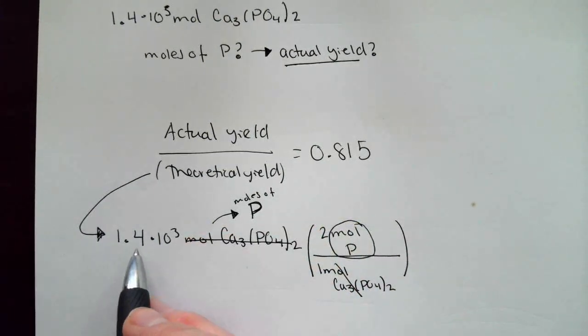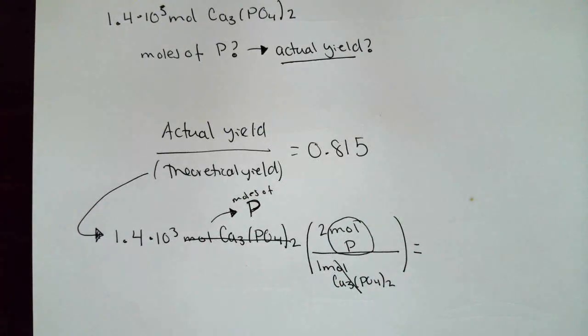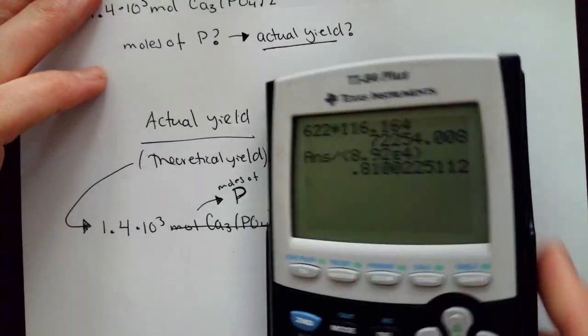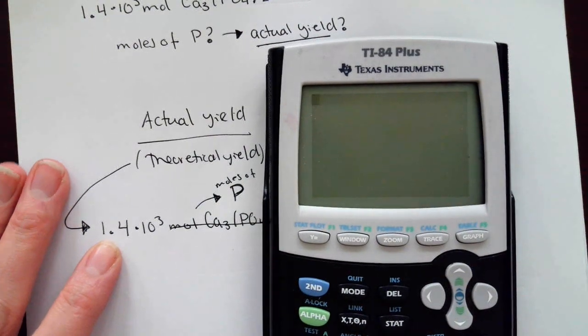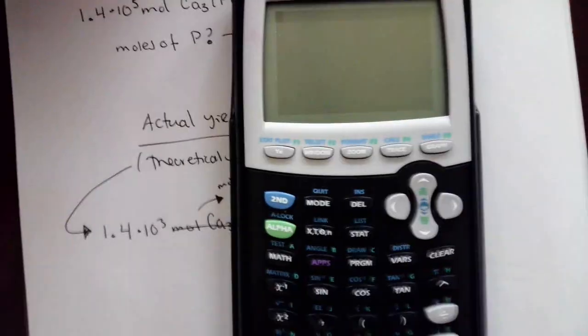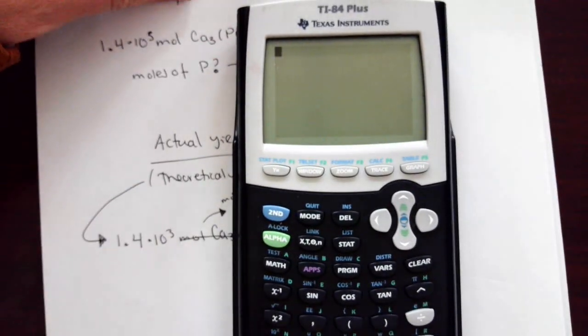So I'm going to take 1.4 times 10 to the third times 2. I get 2.8 times 10 to the third, but I will type it out for you so you can see that. I think sometimes kids struggle with scientific notation on a calculator, so follow this with me.